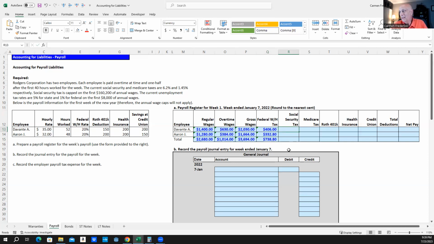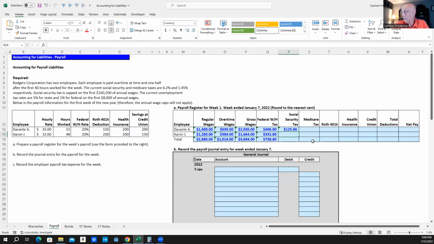Now we have Social Security. Social Security is based upon 6.2%, and Medicare is 1.45%. So we're going to take Devante's $2,030 gross wages times 0.062. Sometimes when you add the decimals, it doesn't come out evenly, so I'll show you.